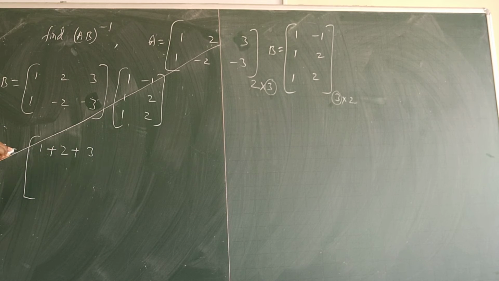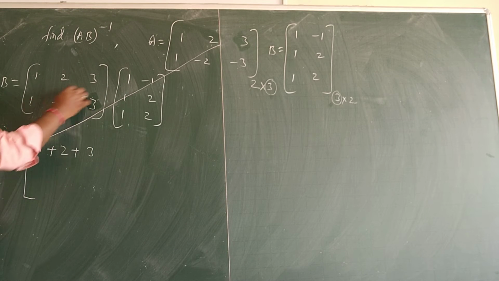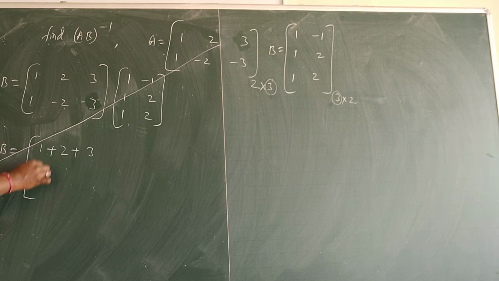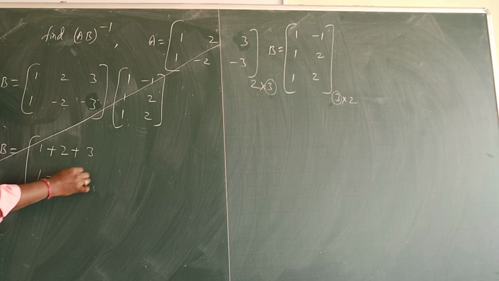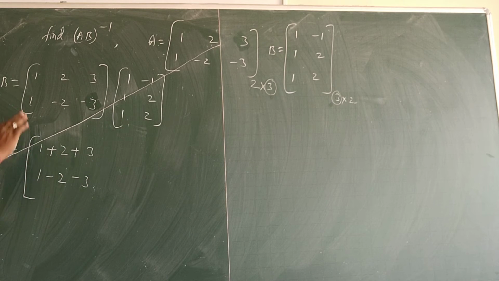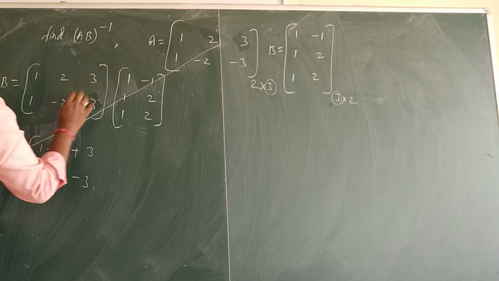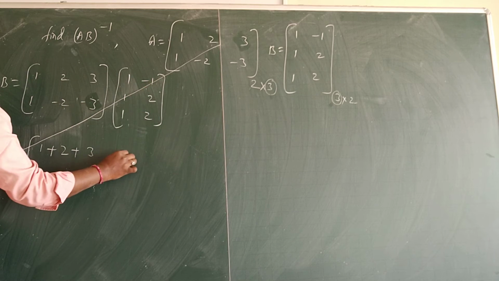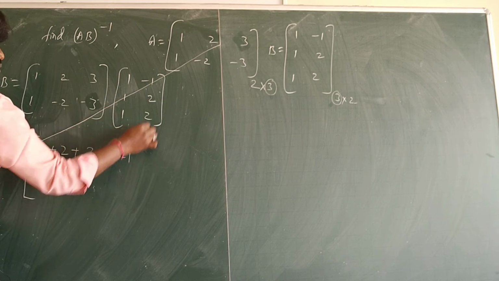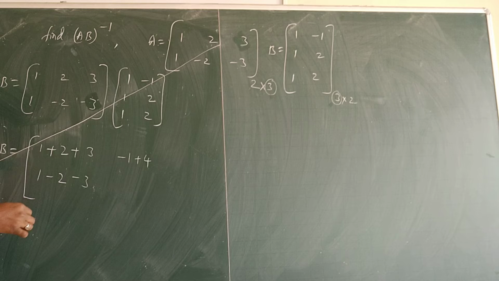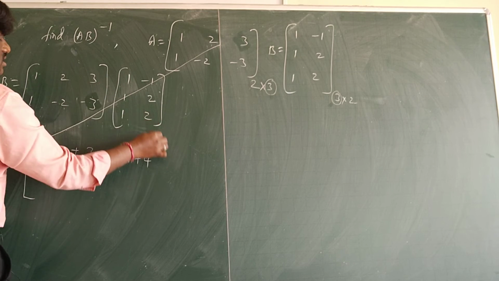This is done, now do the bottom one. 1 into 1, 1 minus 2 into 1 minus 2 minus 3 into 1 minus 3. Now 1 into minus 1 minus 1, 2 into 2 is 4, 2 2s are 4. Next 3 2s are 6.